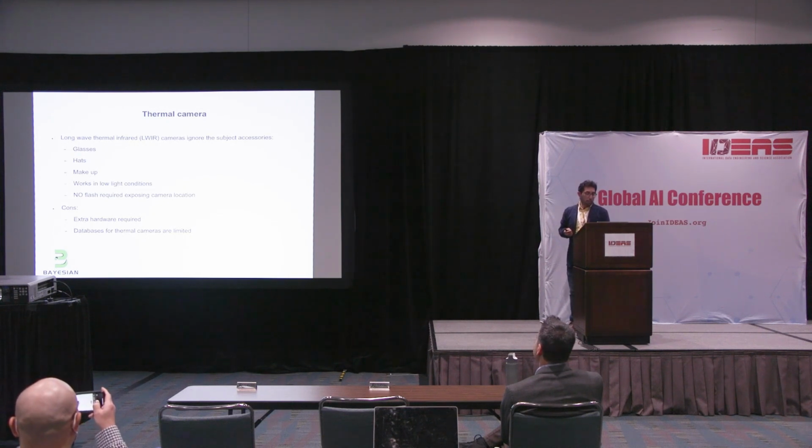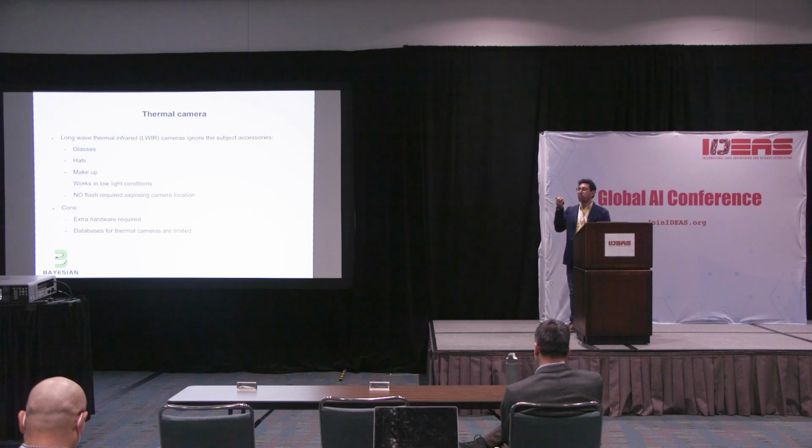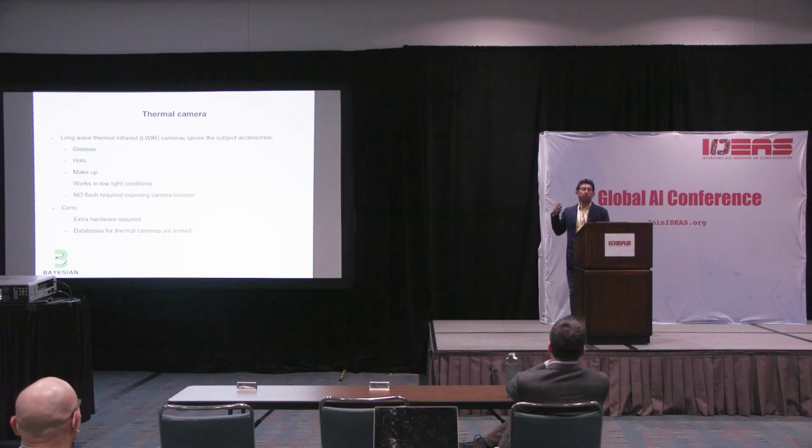These are infrared cameras that ignore the subject's accessories, because they're basically using the heat emitting from the face. So whatever accessory you have, glasses, hats, makeup, they will not affect the sensor.